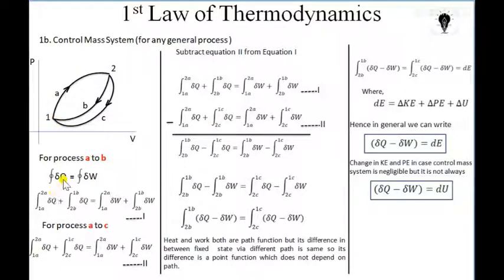Now we have to take care that all heat interaction equals all work interaction during this cycle. During process 1 to 2 via path A, all the heat interaction is the integral from 1A to 2A of del Q, which is del Q along path A between state 1 to 2.